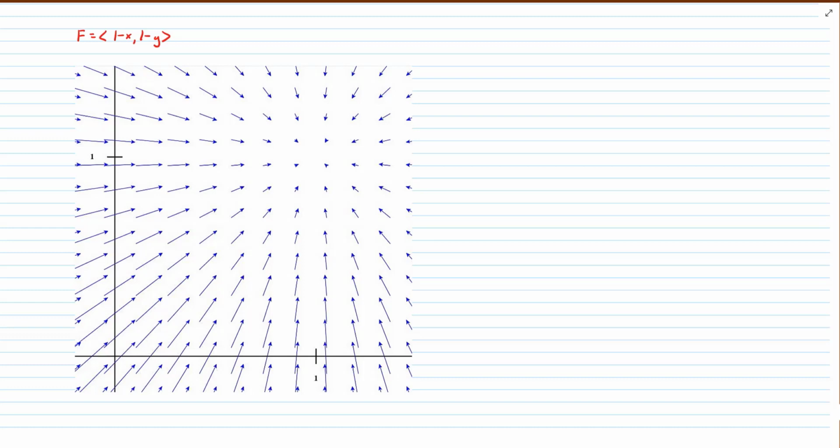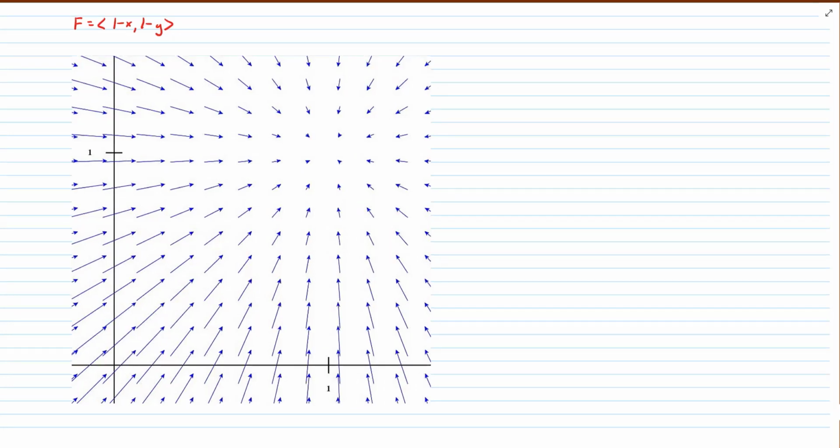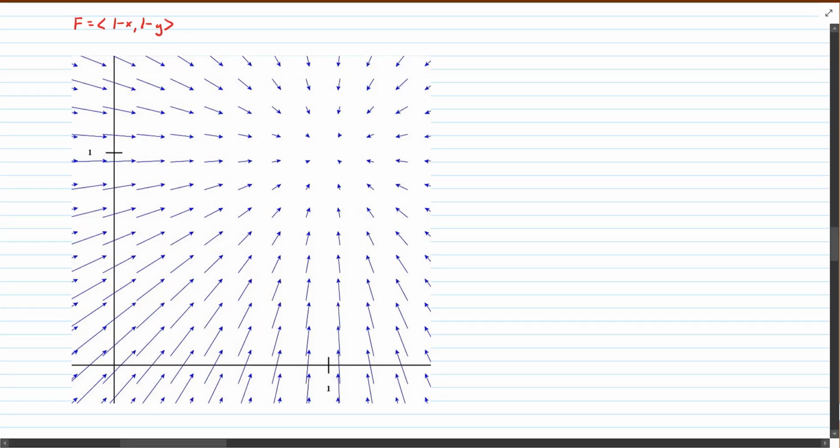So let's instead explore a few other vector fields. The first one I'd like to look at is f equal to 1 minus x, comma, 1 minus y. So I went ahead and graphed that vector field. Let's go ahead and compute the divergence at a point right here in this vector field.